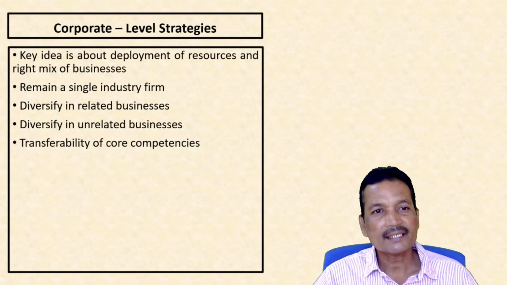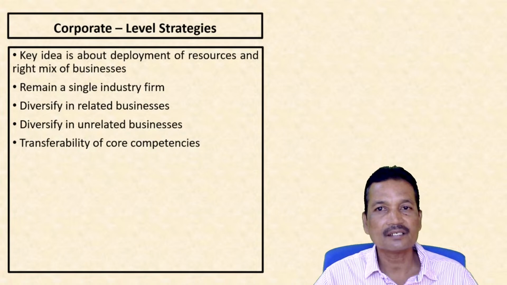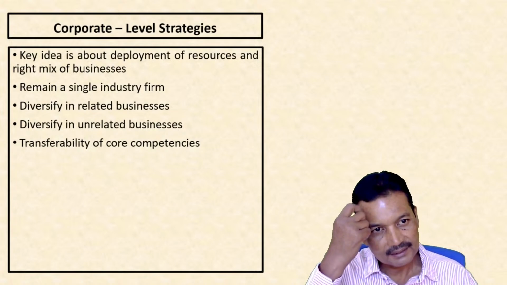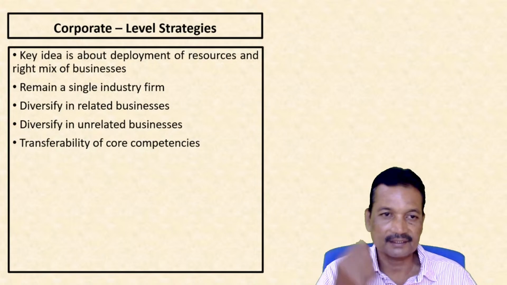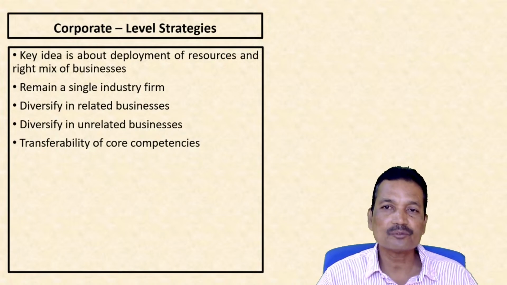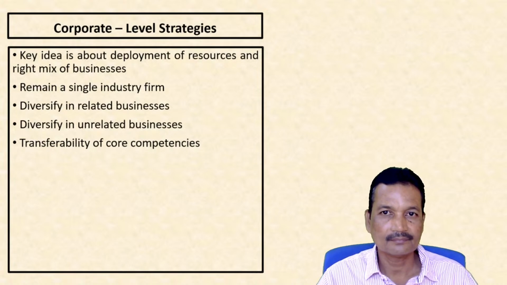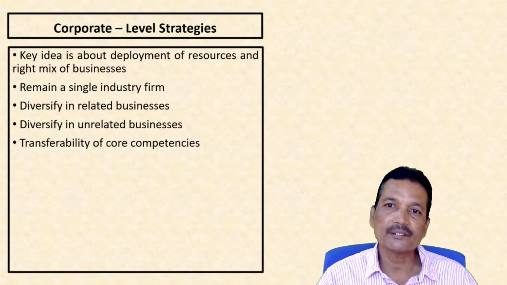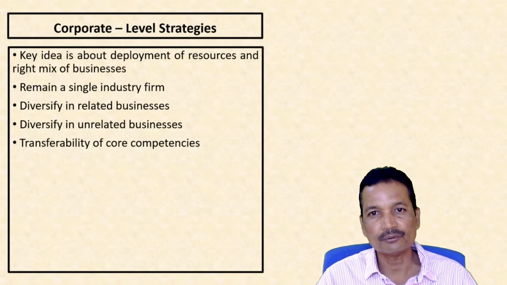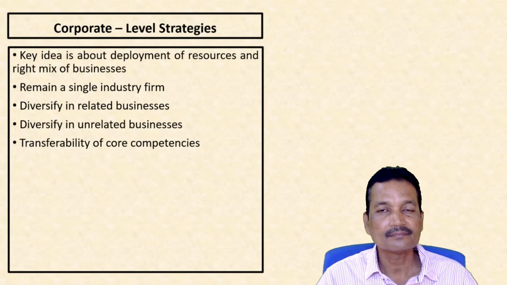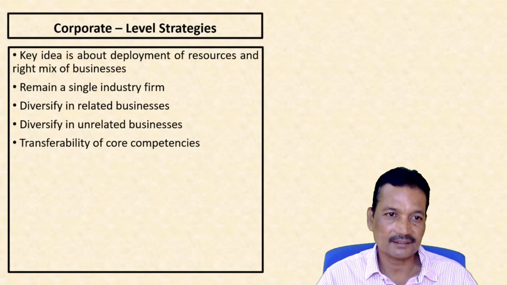Now, when we are looking at corporate level strategies, the key idea is about deployment of resources and the right mix of businesses. So the main thing the corporate wants is how best it can make use of its resources and what kind of product lines it is going to move into. That will be based on core competencies as well as SWOT analysis.